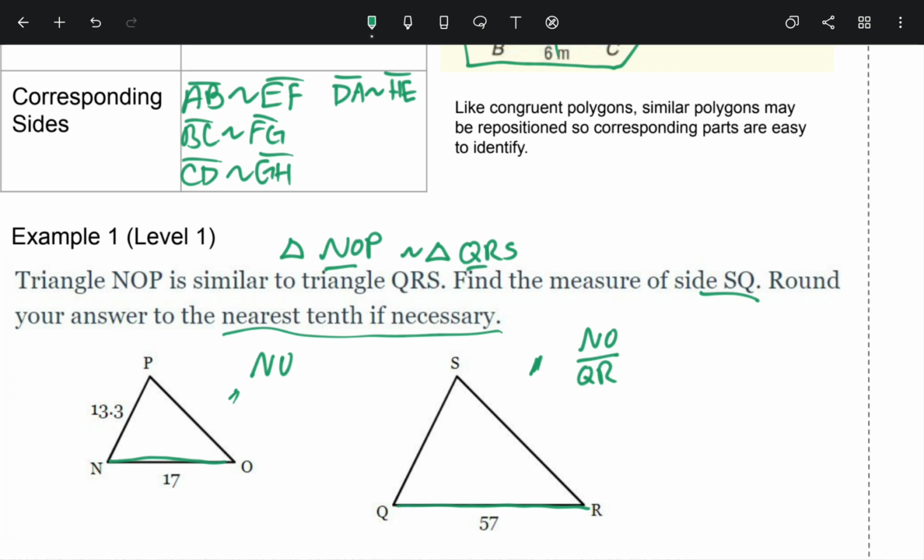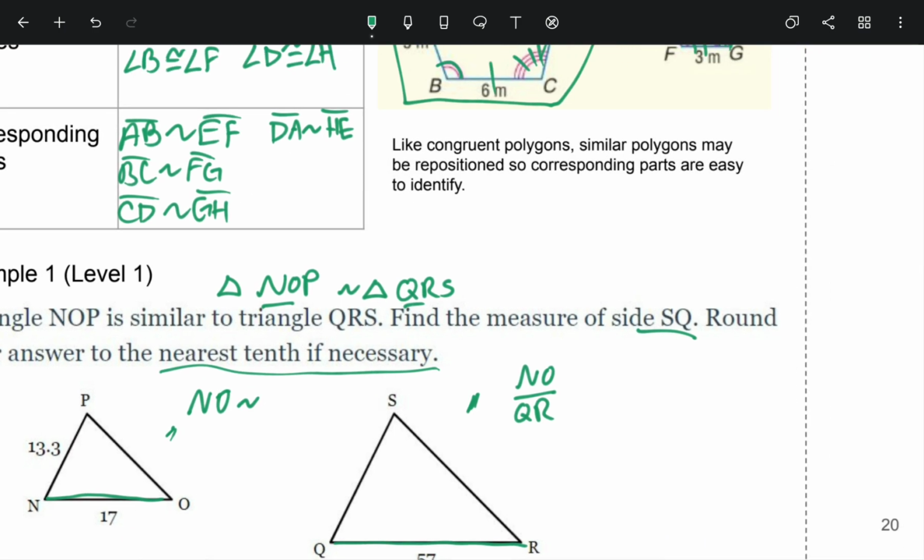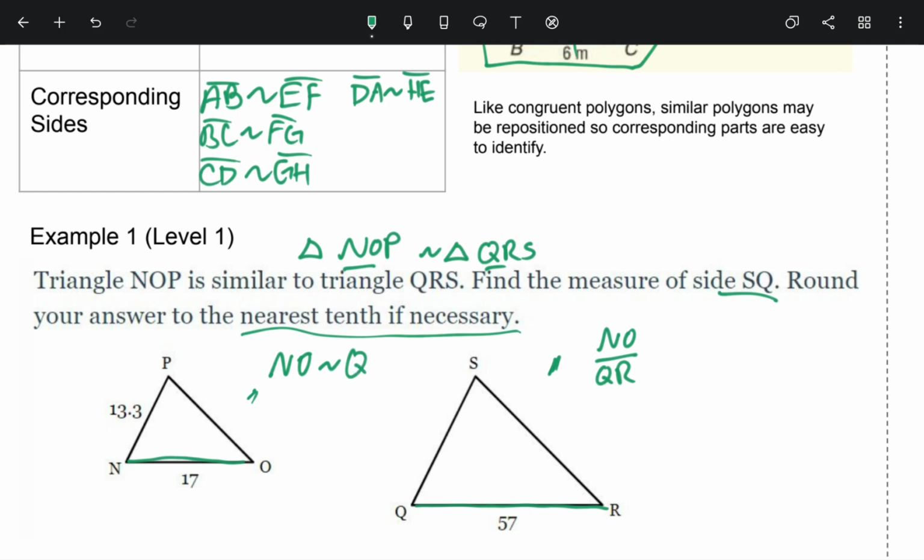Those two sides correspond to each other, so they are the similar ones. And since they are similar, we could put them in a ratio like so. Our next set of corresponding sides, or at least the one that corresponds to SQ, is NP over here. So NP corresponds to SQ. So I'm going to set that equal to our ratio of NP over SQ.